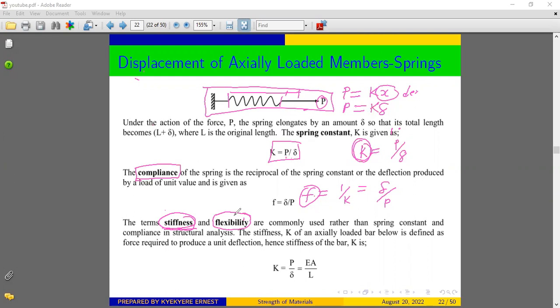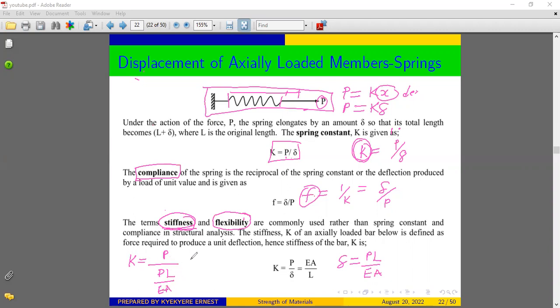in structural analysis. And from these two formulas, we know that the deformation for axial loaded bars is PL over EA. So substituting this in place of delta for K, we have our P here over our delta, which is going to be PL over EA.